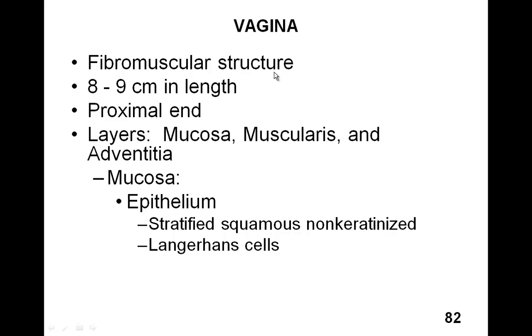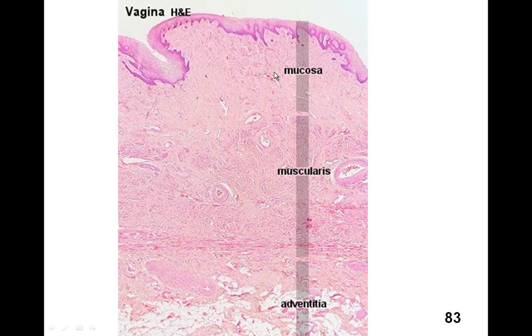The epithelial lining of the vagina is stratified squamous epithelium, non-keratinized. We're going to find Langerhans cells associated with the epithelium in this zone. Again, this is a port of entry into the body, and the Langerhans cells are defensive, antigen-presenting cells that help to protect us from disease-causing microorganisms.